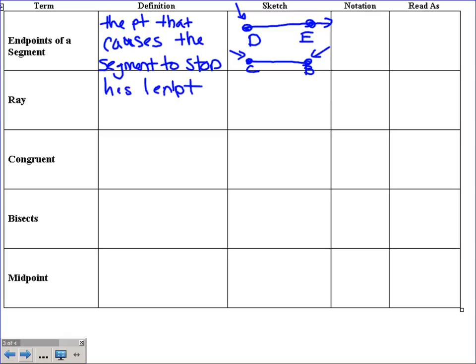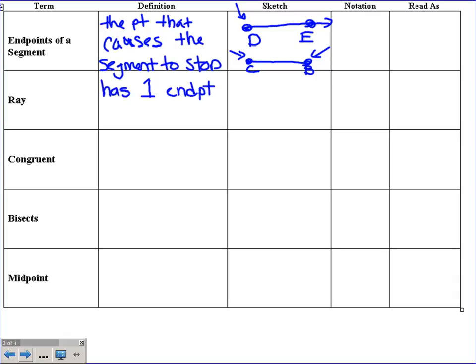Let's need a B in there. Endpoint. One endpoint. Has one endpoint. This is terrible, I'm drawing with like a crane up here. Has one endpoint. Is that better? Okay.